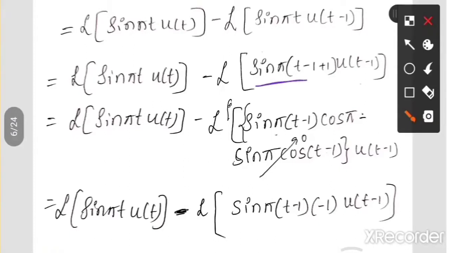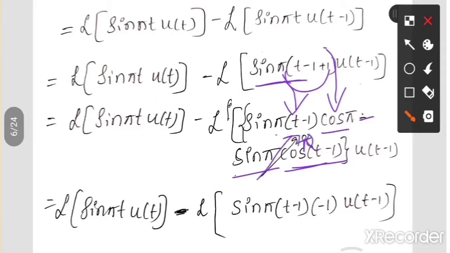Here sin a cos b, okay, cos of b, which is pi into 1, which is cos pi, minus sin b cos a. Here it should be cos of pi t minus 1. Therefore in this signal sin pi is 0, so this total term will be 0.